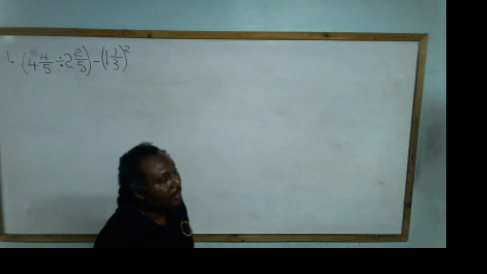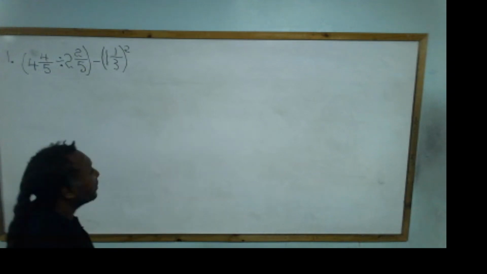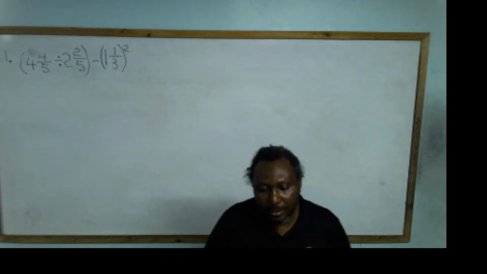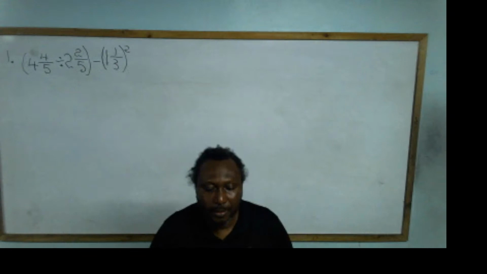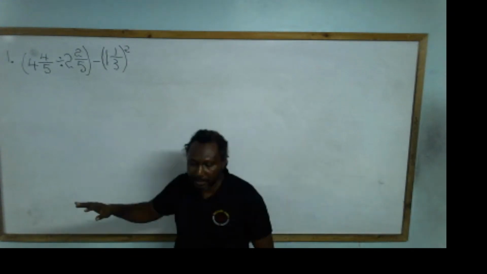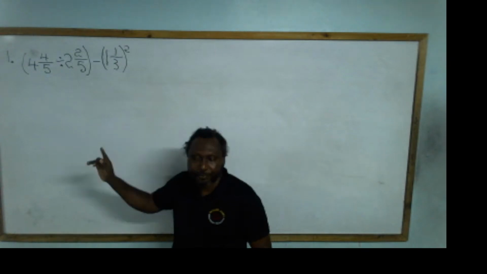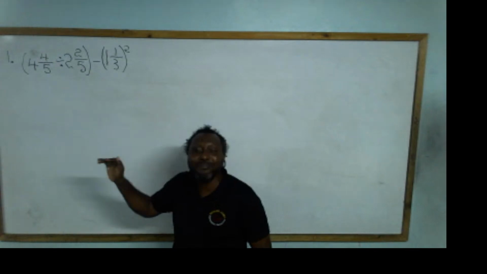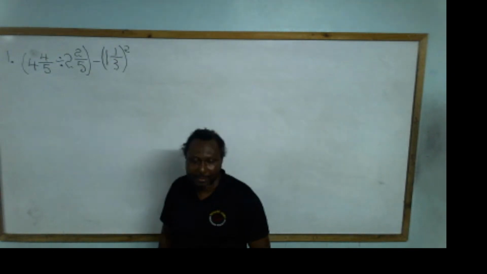So let's continue. Now, at this level and above, when you're writing fractions, it is more appropriate for you to write improper fractions than mixed numbers. For one, improper fractions are easier to manipulate.